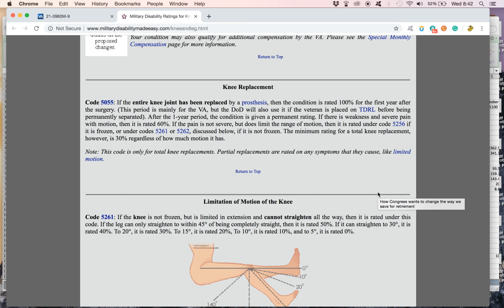Now, let's say I want to run this real quick. You have instability of the knee, and you have a limitation of range of motion, which is flexion and extension.